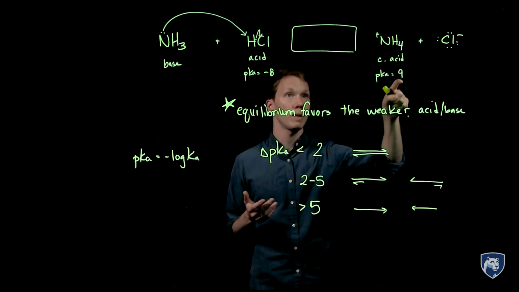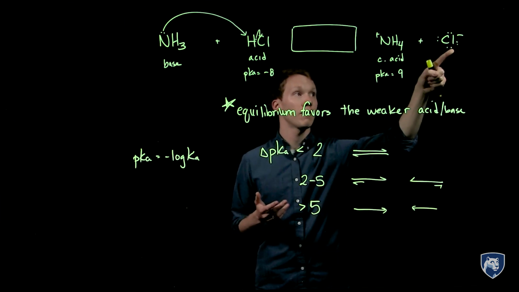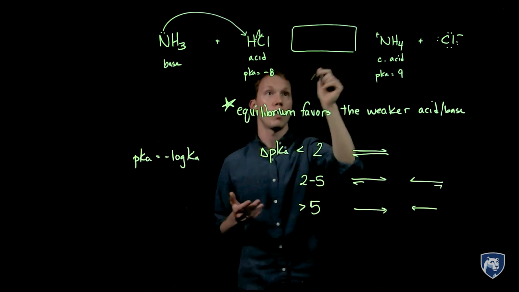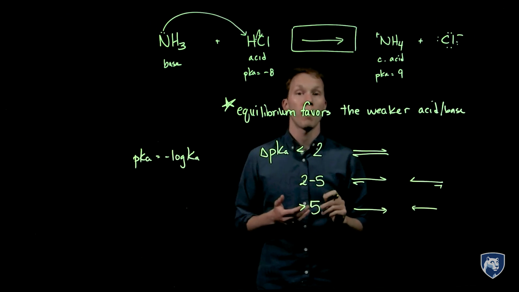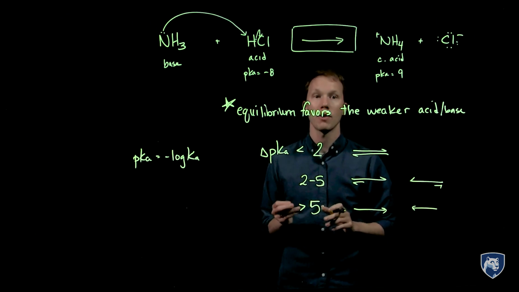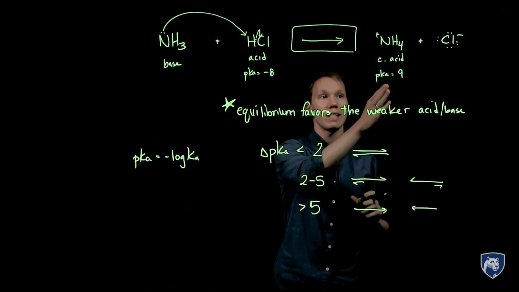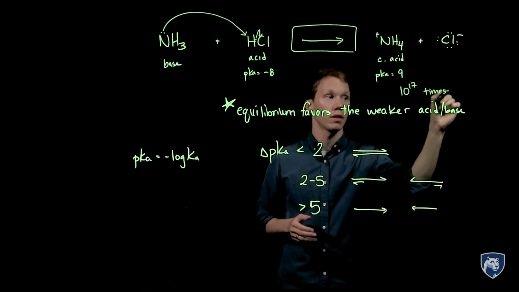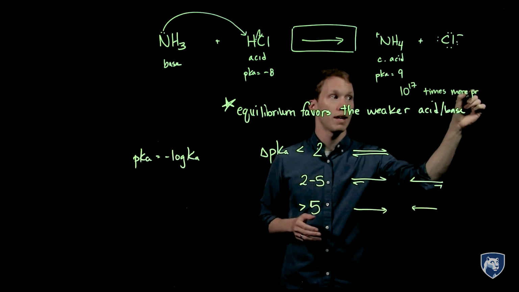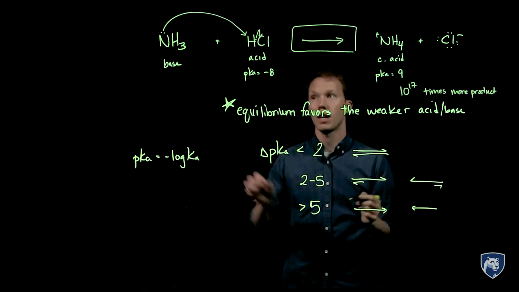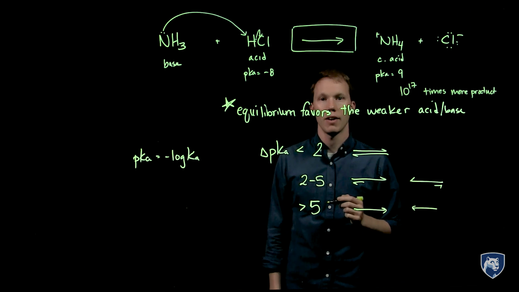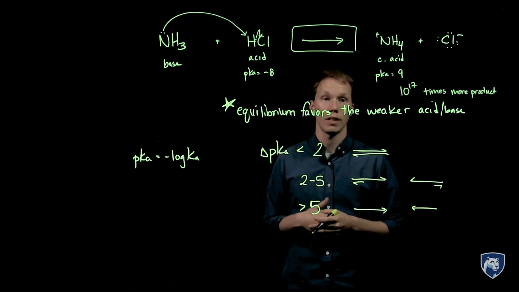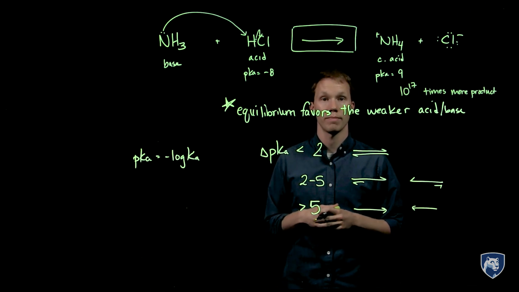So this acid is weaker than HCl, and therefore Cl- is weaker than ammonia. So this is going to be product favored. This will go essentially 100%, right? There's 10 to the 17th times more product than reactants. So there's a negligible amount of ammonia and molecular HCl in the solution.